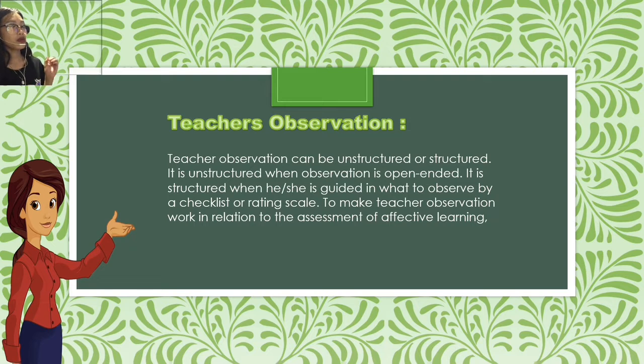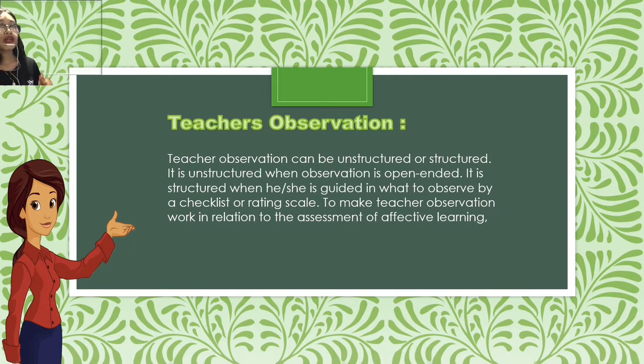In this type of observation, recording is more systematic because the teacher will attend only to predetermined aspects of affective traits. In this case, it gives more reliable and valid information. Among the different observations, it is easier to obtain.